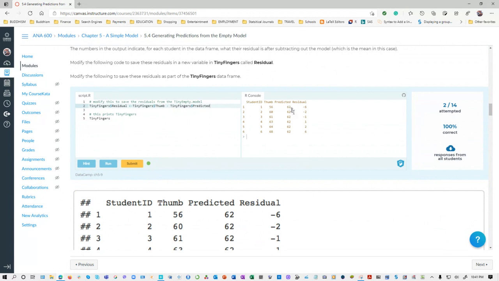In another sense, if a new student is going to be added to this, his thumb length would be how much? 62 as well. That's a different thing. Otherwise you might think, okay, this 56 outcome becomes 62. 56 is the sum you got from the sample, but in a real population, it should have been 62.